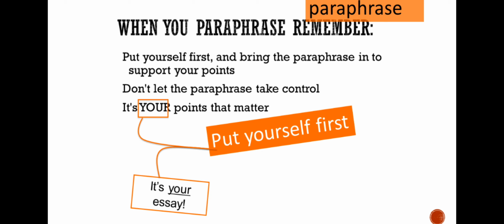It's your essay, it's your points that matter. So you would restructure the wordings. You would rephrase it in a way to highlight certain aspects of the ideas that you want to present.